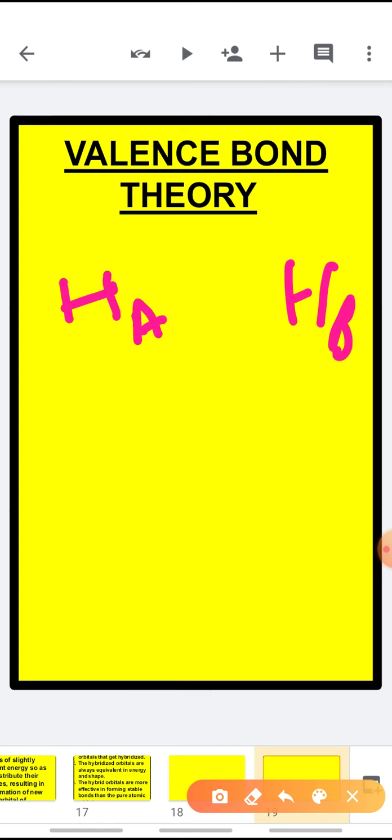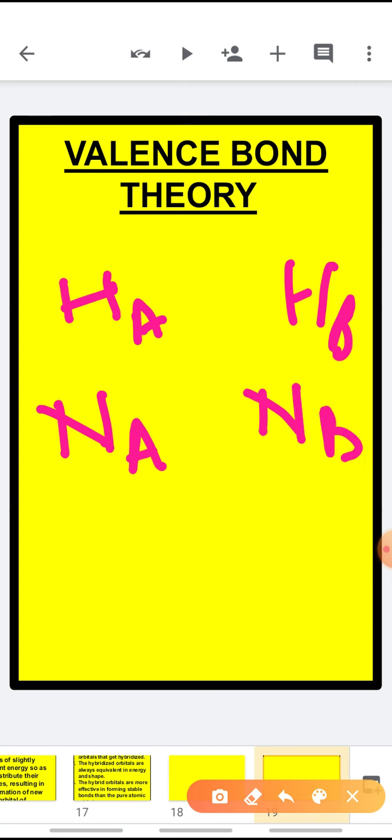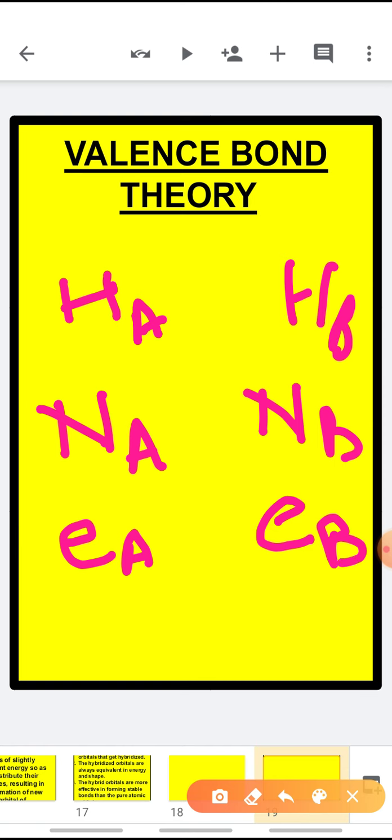They are approaching each other and have the nuclei Na for hydrogen A and Nb for hydrogen B. The electrons are represented by Ea for the electron of hydrogen atom A and Eb for the electron of hydrogen atom B.